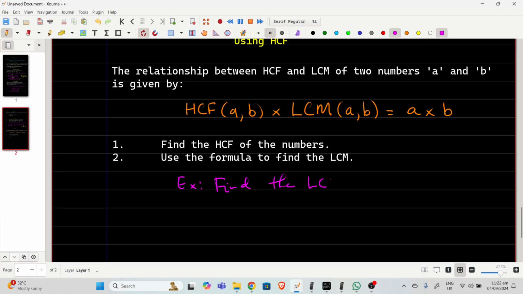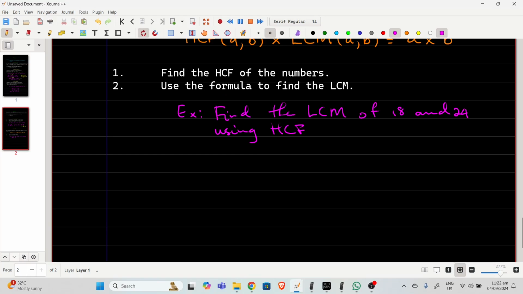The LCM of 18 and 24 using HCF. We first take the HCF of 18 and 24, which is 6.